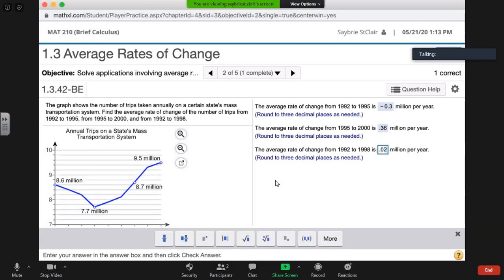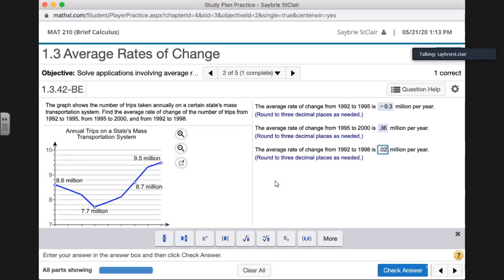I think. Oh, 3. So that would be, yeah, 0.017. The other ones didn't even have to round, so they were okay.